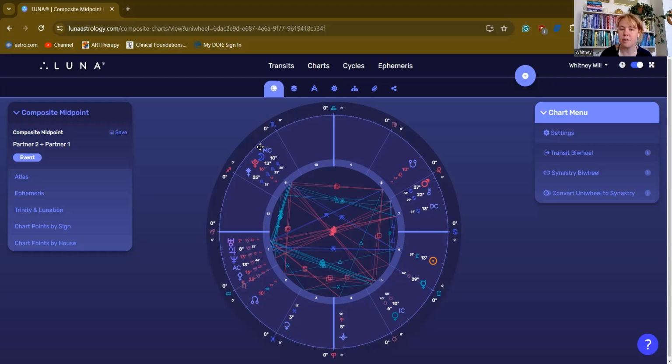We can also see the kind of purpose of the relationship, and this can be especially helpful when we're dealing with relationships of conflict, relationships that didn't go well. Relationship astrology is so powerful for creating conditions of understanding and opportunities for forgiveness or for letting go or for making peace, right?